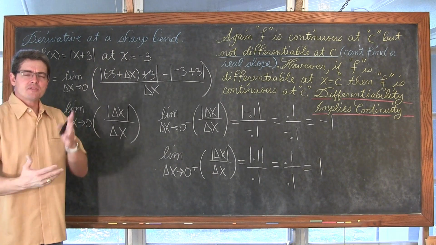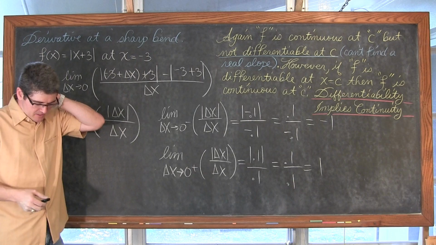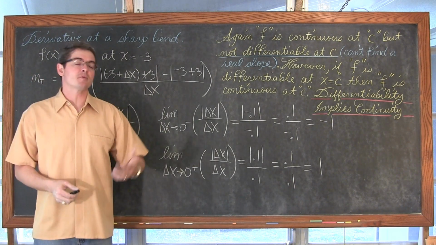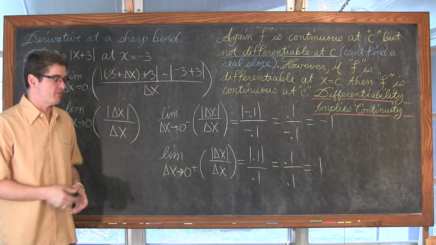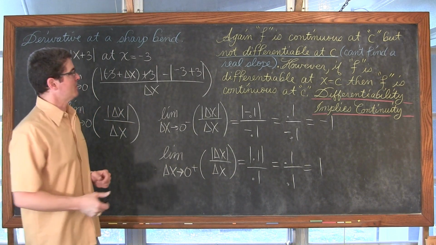Sorry, I keep using this word differentiability, or derivative, excuse me, but I just thought the video would flow better if I did all these special cases, trying to find the slope of the tangent line at a specific point, before I got into the proper definition of derivative, which is very, very similar.